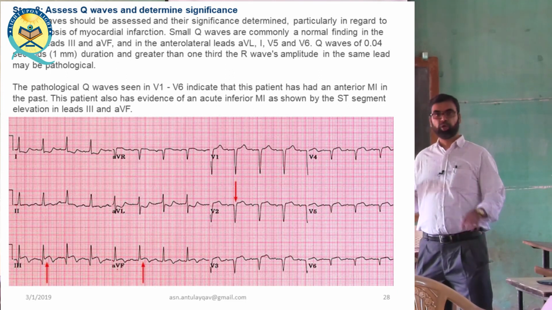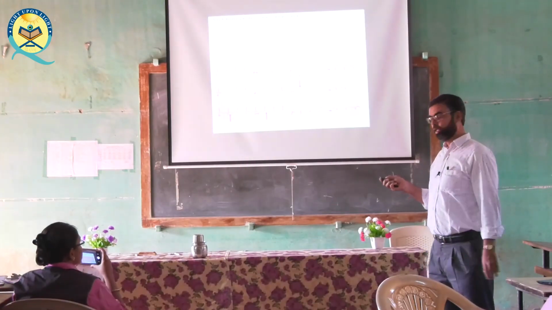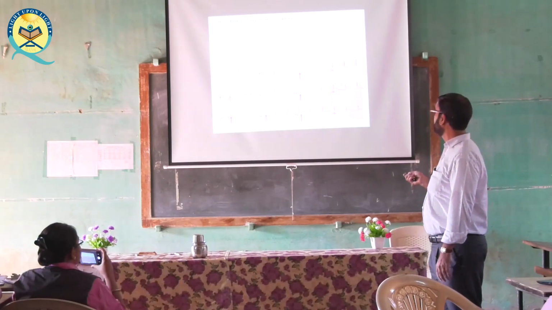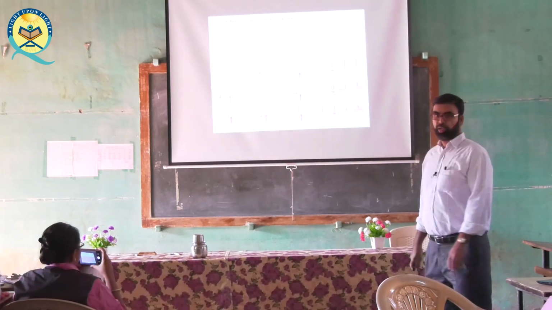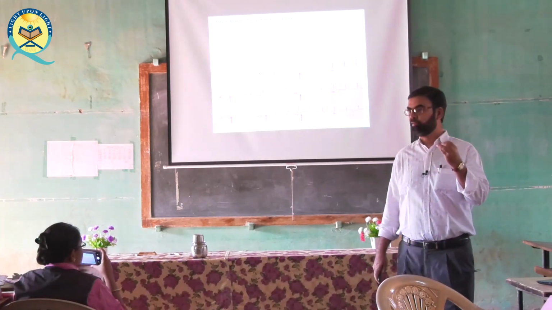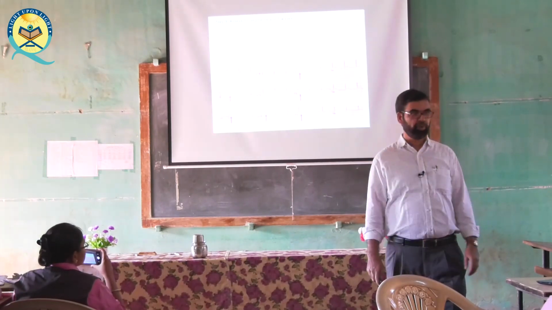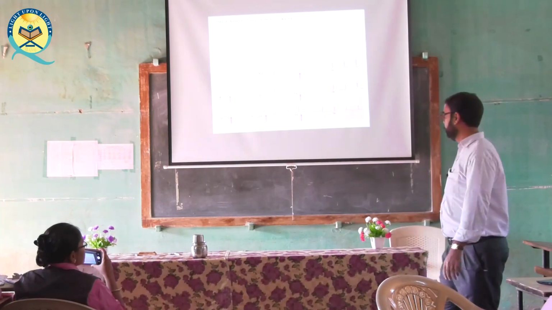But it should not cross its limit, wherever it is. Presence of an abnormal Q wave signifies acute myocardial infarction. If the Q wave is abnormal, it indicates acute MI, myocardial infarction.